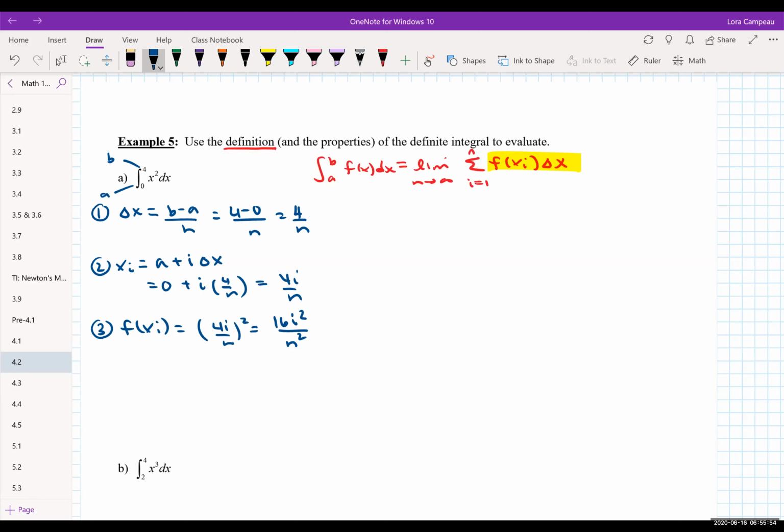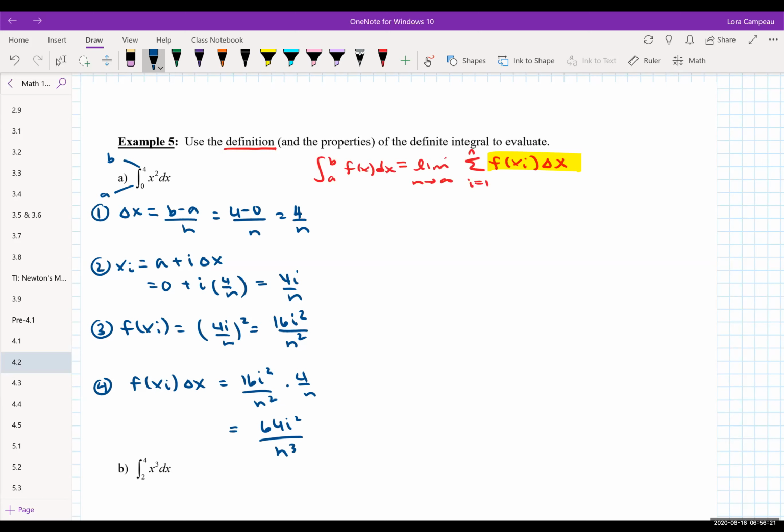Then the next step is to connect these two. We're looking at f of x_i times delta x. So we're taking the 16i squared over n squared and multiplying it by delta x, which is 4 over n. Clean that up: 16 times 4, 64 i squared over, this time, n cubed.